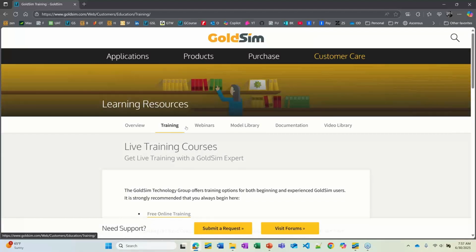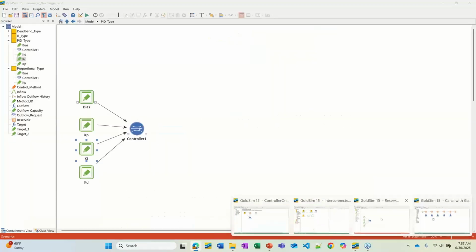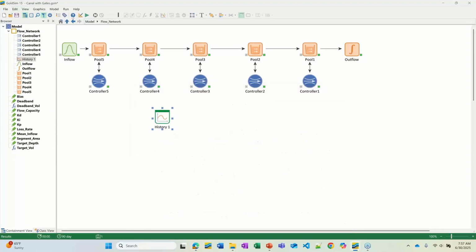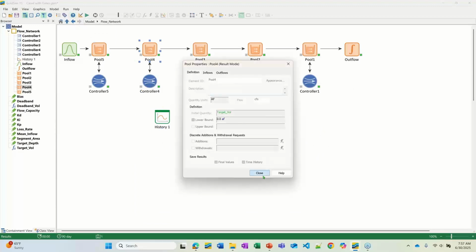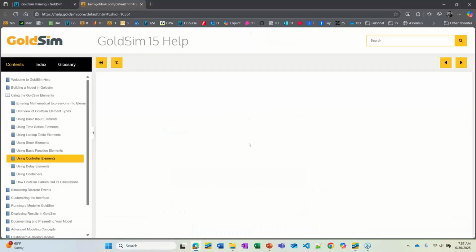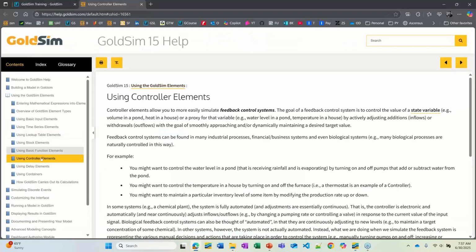We also have our help system. If you're in GoldSim, anywhere usually, you can hit the help button, F1, or if you're inside a container, maybe in the controller element itself, you click help and it will take you directly to our help system that covers the controller element.